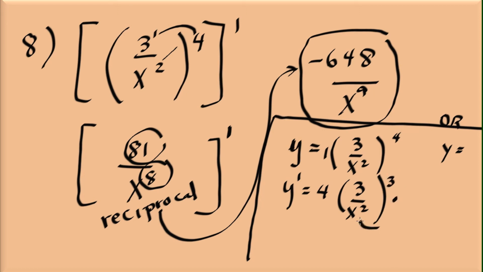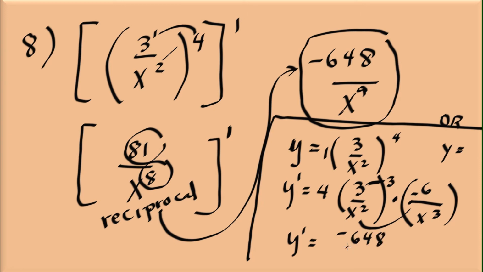And then multiply this by the derivative of this 3 over x squared, which is a reciprocal. So it's going to be 6 over x cubed, only negative. And then when you simplify, this is 3 cubed, which is 27, times 4 times 6, which is negative 648 over x to the 9, since 2 times 3 is 6, and then plus 3 is 9.